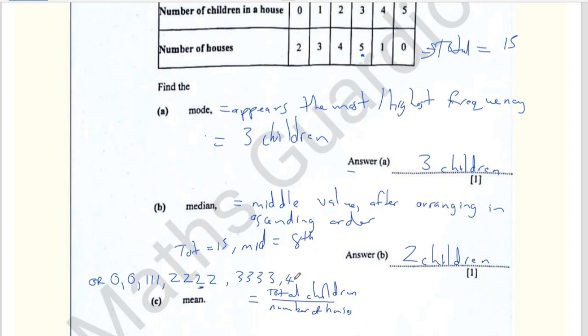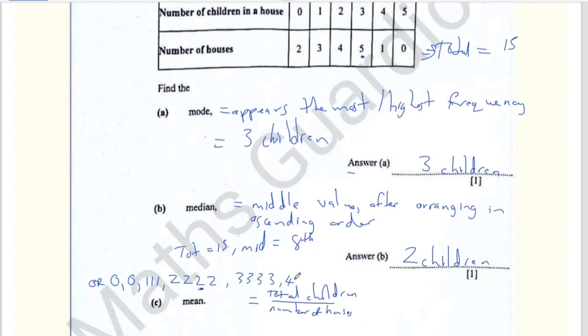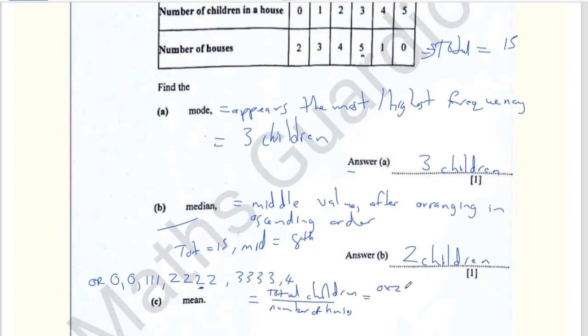So let's do that. So it's 0 times 2 plus 1 times 3 plus 2 times 4 plus 3 times 5 plus 4 times 1 plus 5 times 0, all divided by the total number of houses, which is equal to 15.